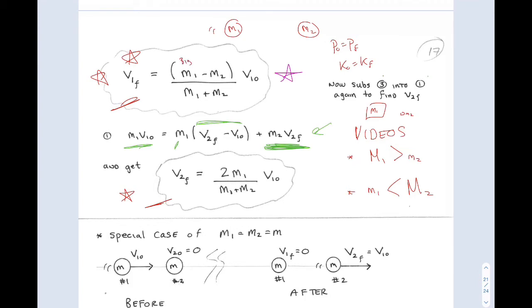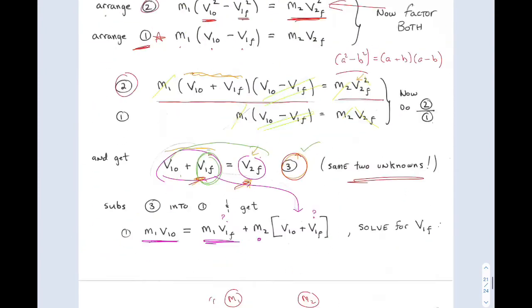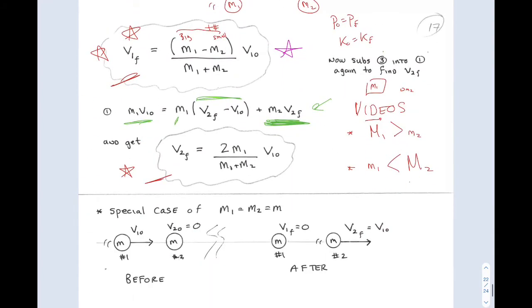If this one's big and that one's very small, the numerator, this whole thing, is a positive number. So M1 is going to keep moving to the right. Obviously M2 is always going to move to the right. This one can't bump into that one and make number 2 move to the left. But if M1 is huge, not only is M2 going to move to the right after the collision, number 1 is going to keep moving to the right. That's what that says. M1's big, M2 small, that's a positive number.